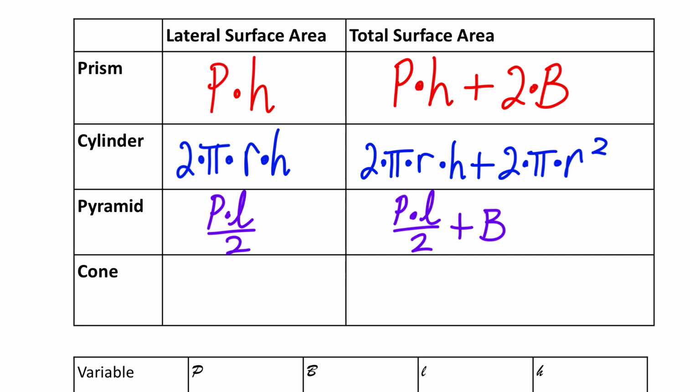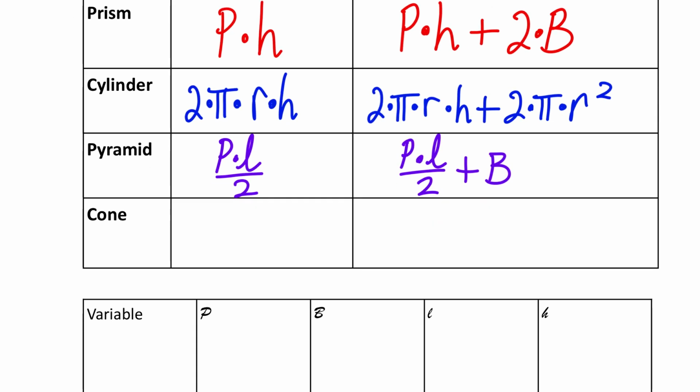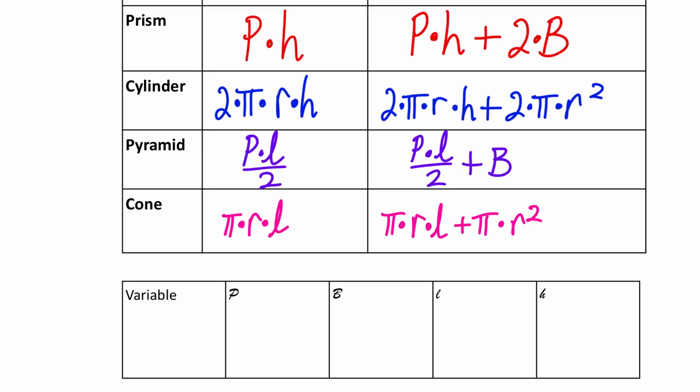And then lateral of a cone is pi RL, and total of a cone adds pi times R squared.